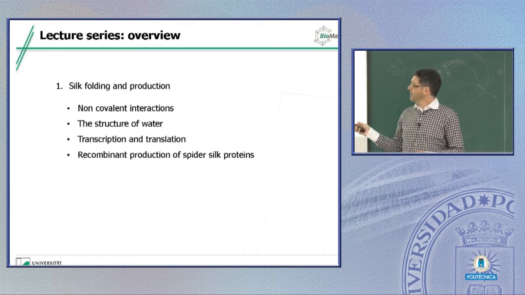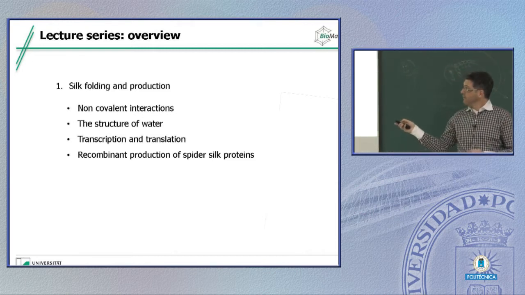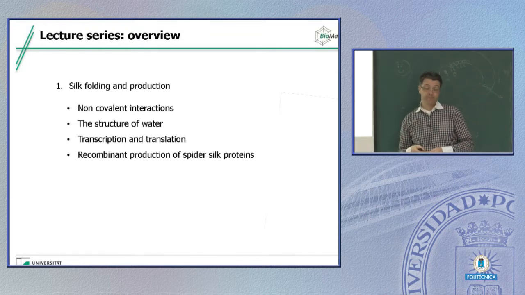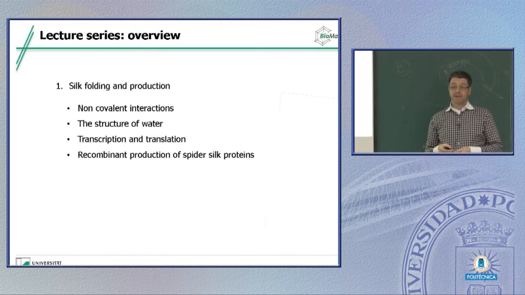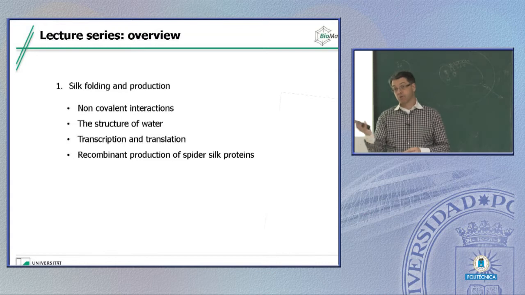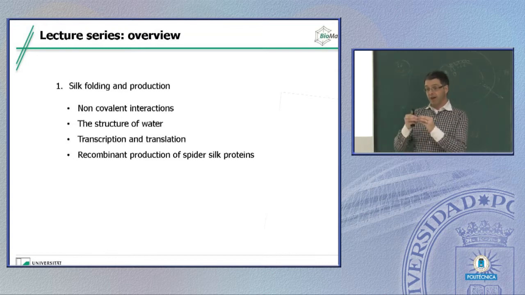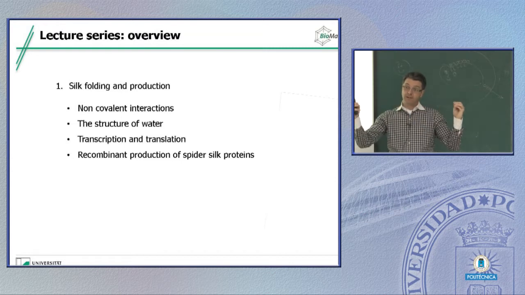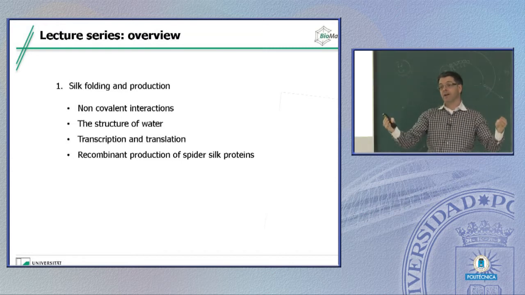And as sort of like a special treatment, I will give you a very brief insight into the structure of water. The reason is that silk fibers have, well, quite a high ability of absorbing water. And even if you have a dry silk fiber, there is still about 6% weight per volume water incorporated.